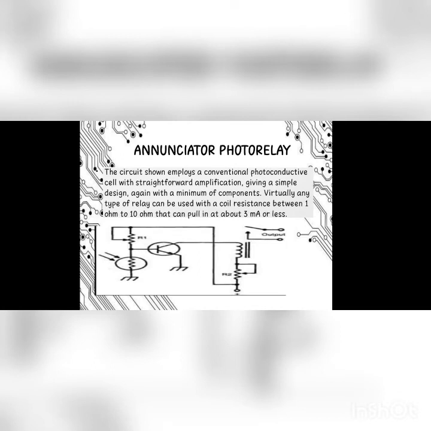Annunciator photorelay. The circuit shown employs a conventional photoconductive cell with a straightforward amplification, giving a simple design, again with a minimum of components. Virtually any type of relay can be used with a coil resistance between 1 ohm and 10 ohms that can pull in at about 3 milliamps or less.